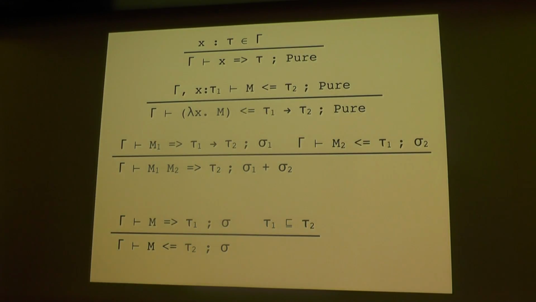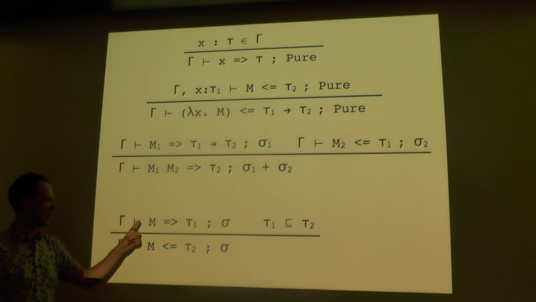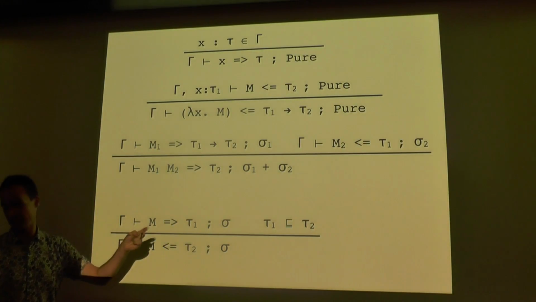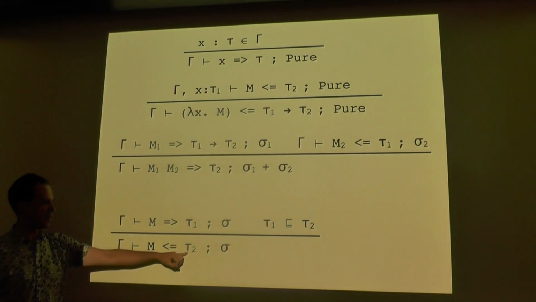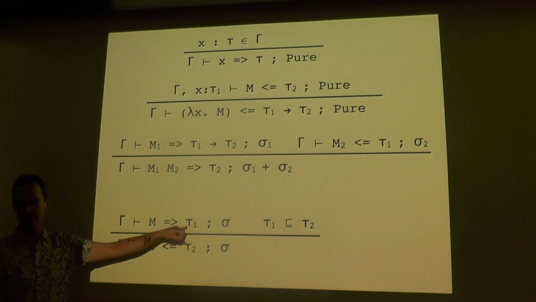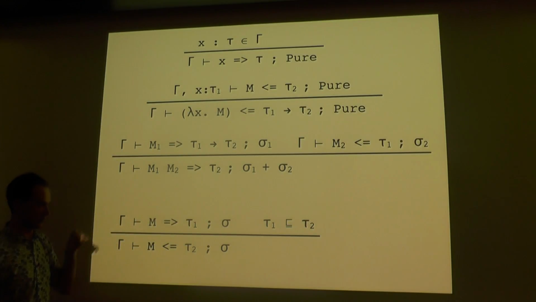An example: I'm checking that M is a fruit. I infer that M is an apple. That's okay because apple is a fruit. I want to check that M is a vehicle. I infer that M is a train. That's okay because the train is a vehicle. So this is the role that this rule takes. So if you ever need a type checker for dealing with subtyping, bidirectional type checking is the way to go because it has this rule.